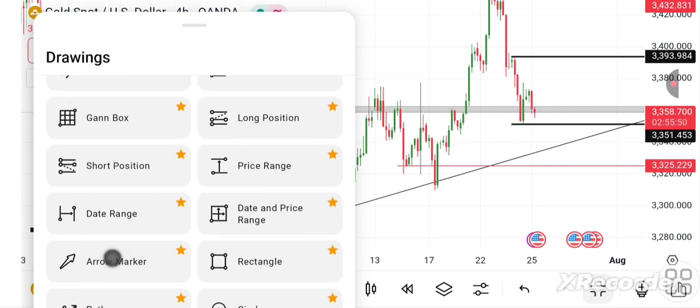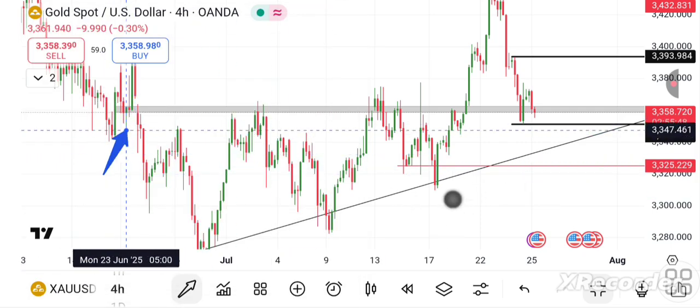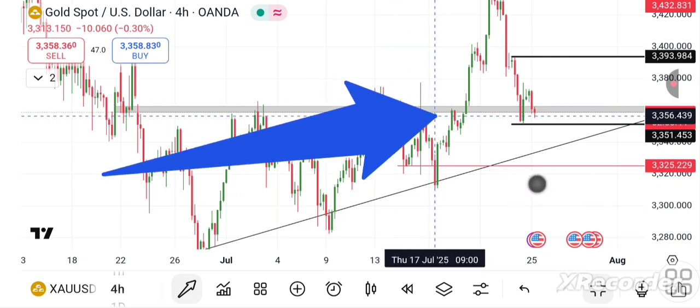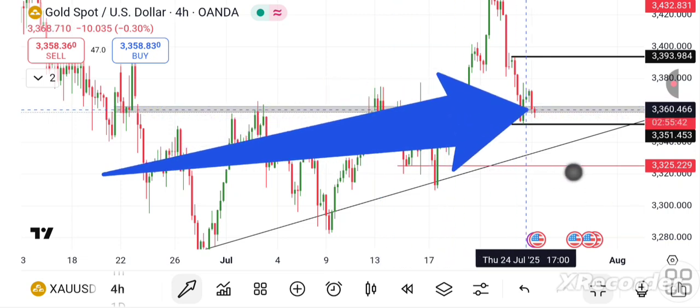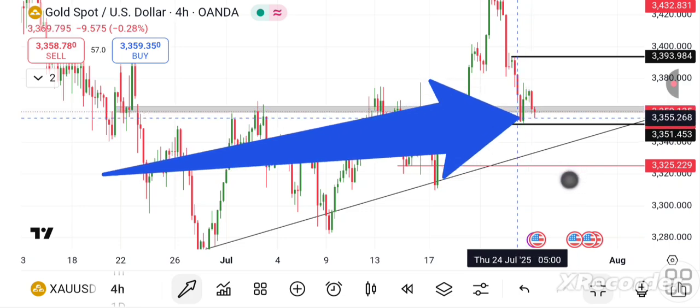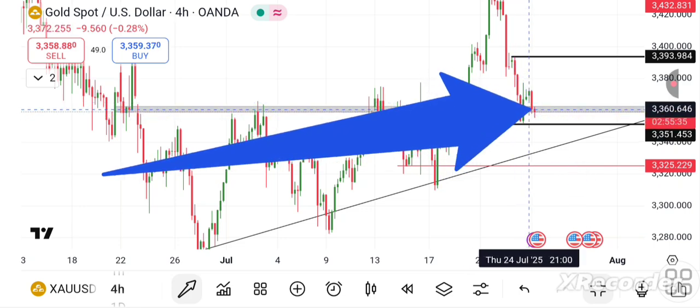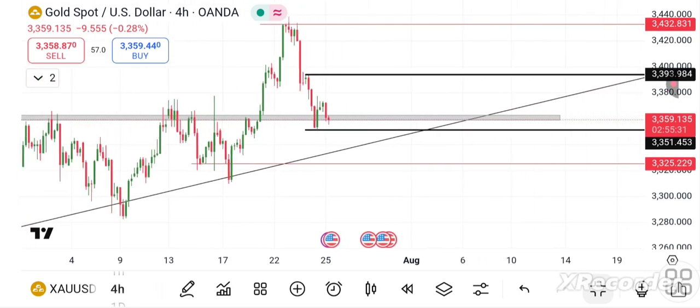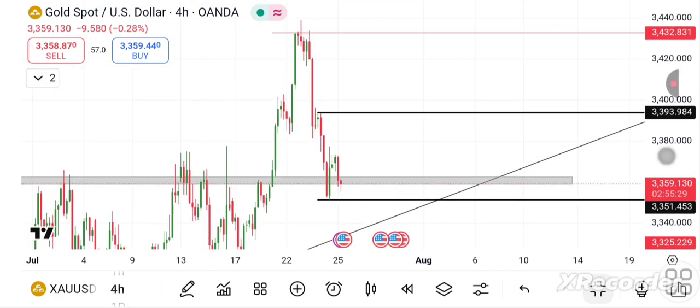The reason is, here it was a support, becoming a resistance, also here a support. You can see a fake out, break, then come back, close inside. So that forms a good zone to mark.